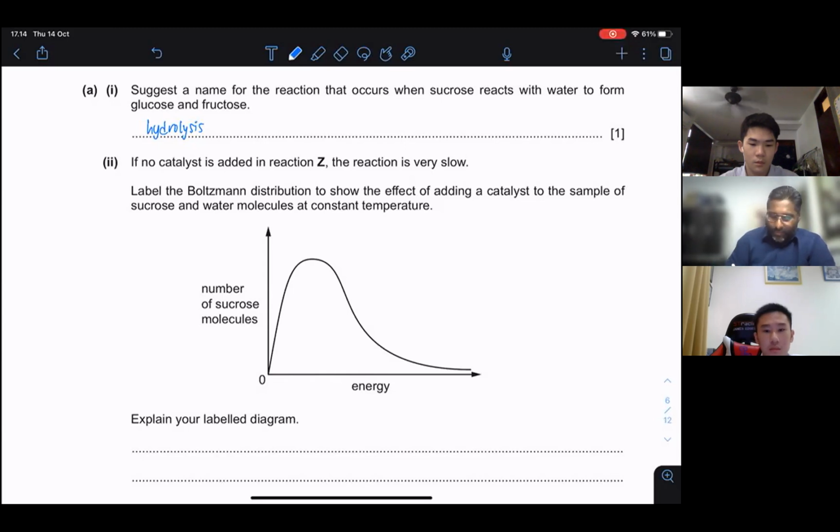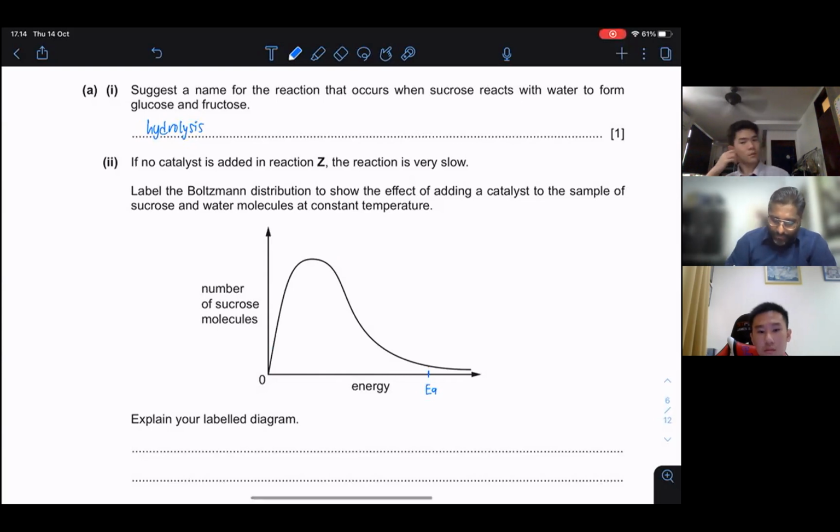So in this case, let's say without catalyst, this is what we call activation energy, the minimum energy required for the reaction to happen. Yeah, enough energy for the reaction to happen.